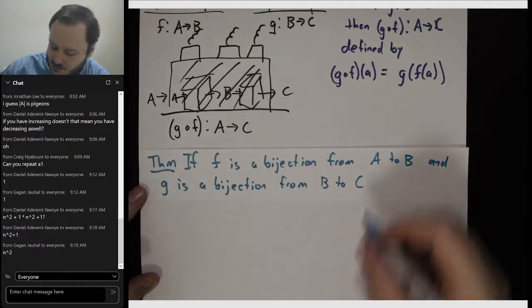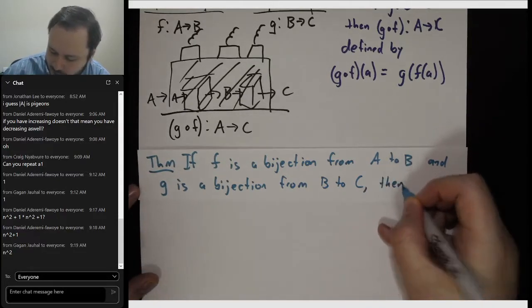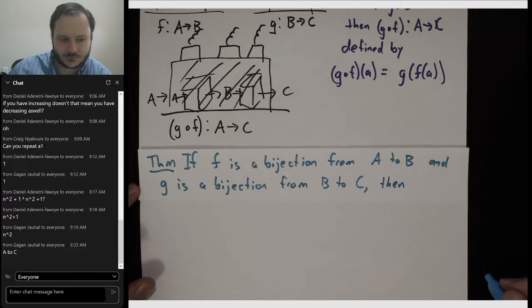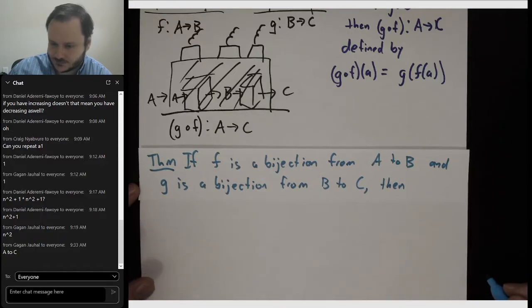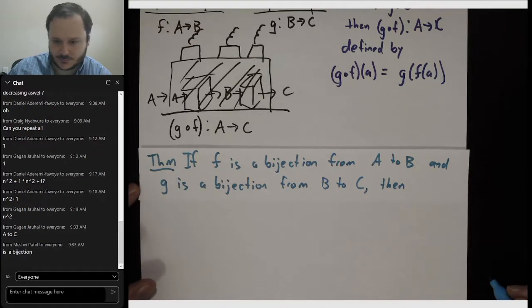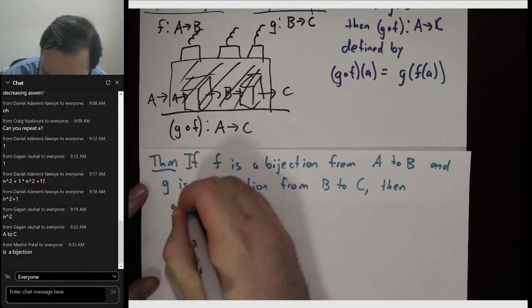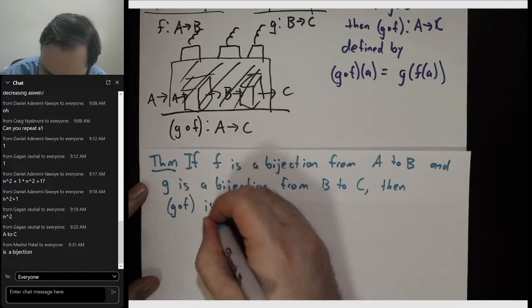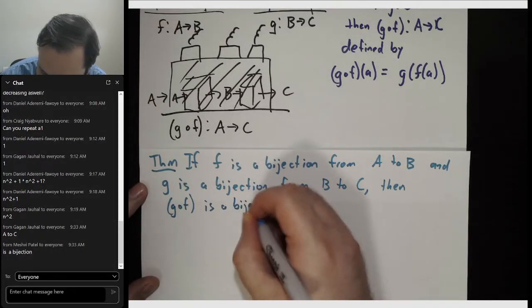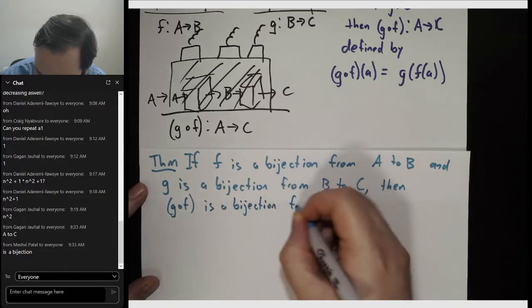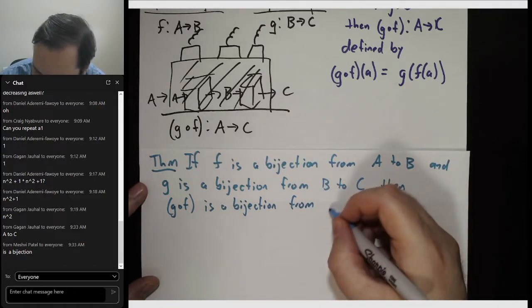What can we say? A to C, what about A to C? Yeah, right? Then G composed with F is a bijection from A to C.